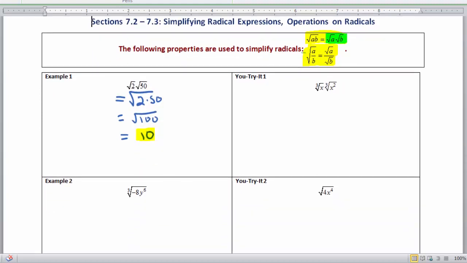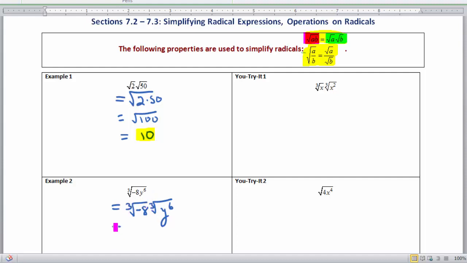All right? And then 2 is really the same property, except now you're using it from left to right, because the thing that you're starting with is a single square root of something times something. All right? So what that property tells us now from left to right is that we can break this radical up and write it as the cube root of the first thing, which is negative 8, times the cube root of the second thing, b, which is y to the 6th.